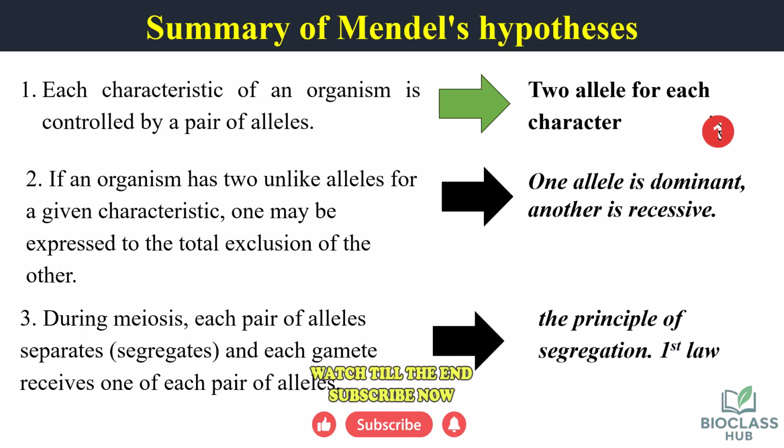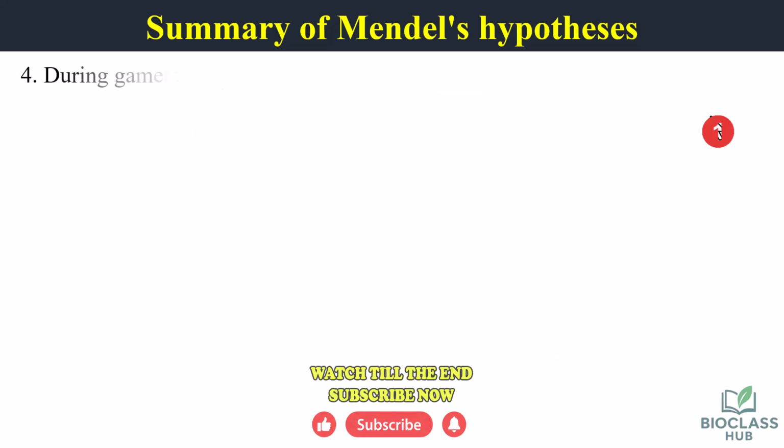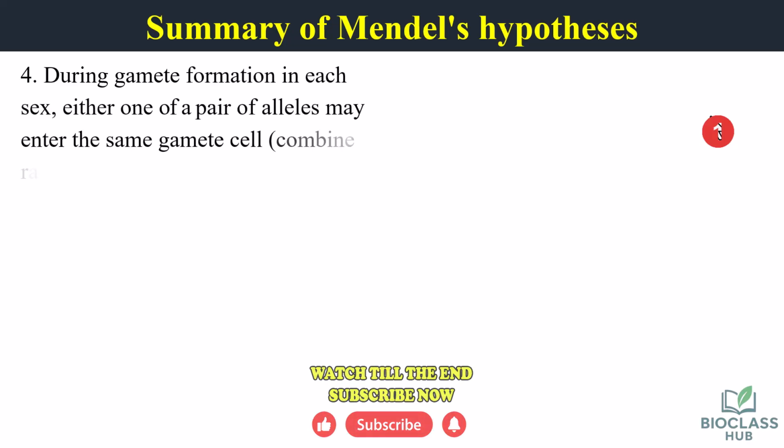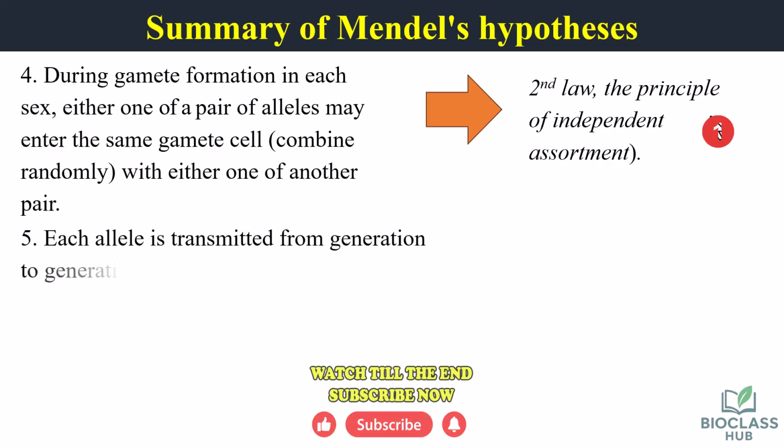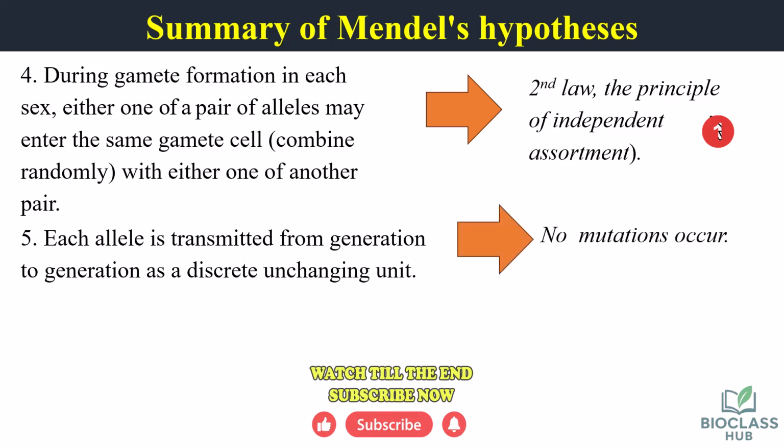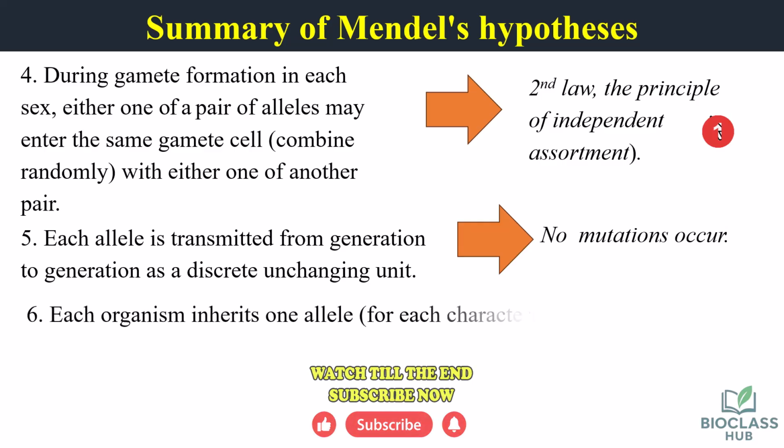During gamete formation in each sex, either one of a pair of alleles may enter the same gamete cell and combine randomly with either one of another pair. Second law, the principle of independent assortment. Each allele is transmitted from generation to generation as a discrete, unchanging unit. No mutations occur. Each organism inherits 1 allele for each characteristic from each parent.